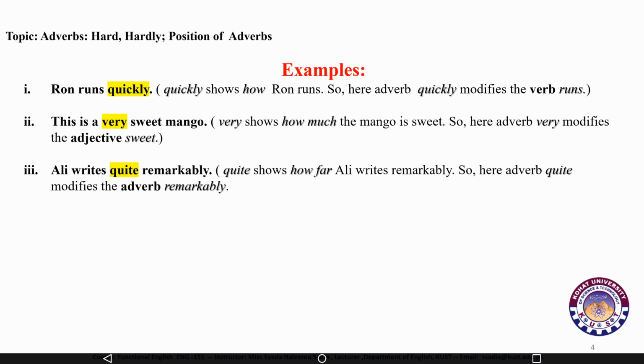Remarkably is an adverb modifying writes. But what is further modifying and intensifying that adverb is another adverb, which is quite. So how does Ali write? Ali writes quite remarkably. So it's an adverb modifying another adverb.